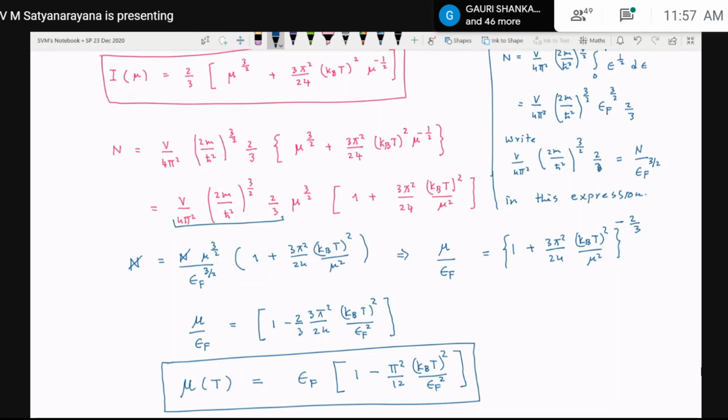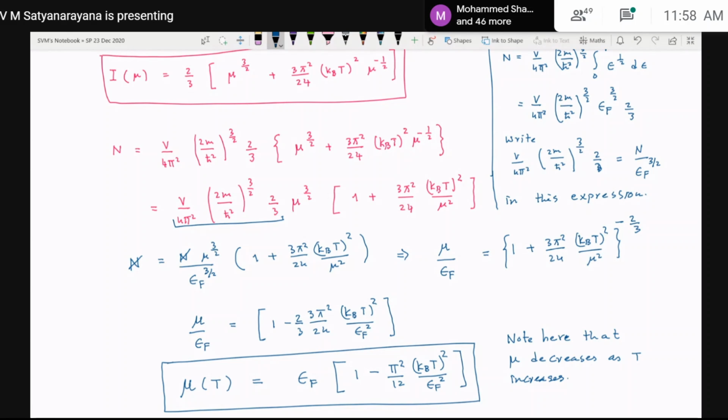Now you can see that, note here, mu decreases as T increases. The highest value of mu is only epsilon f at T equal to 0, because this is 1 minus this one.